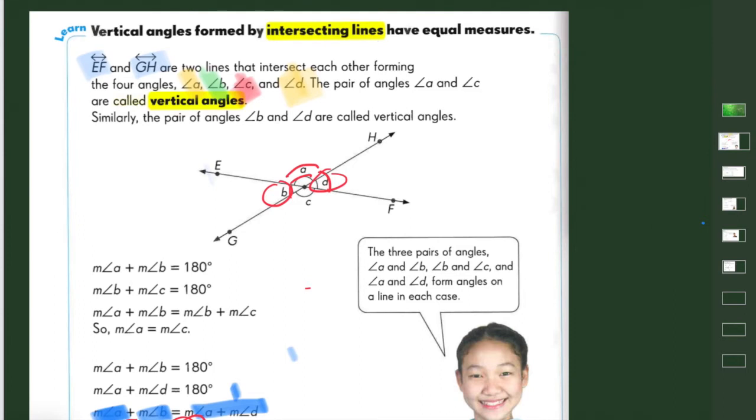And so that also shows that vertical angles formed by intersecting lines have equal measures. Now we're going to use this to help us find the measurement of a missing angle.